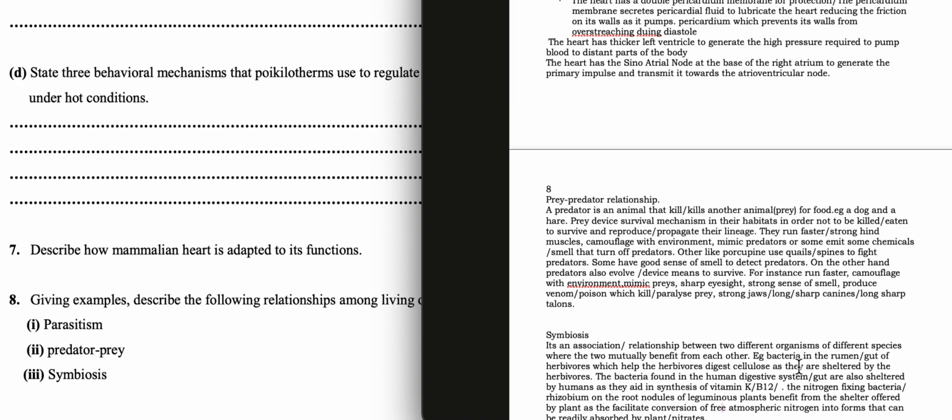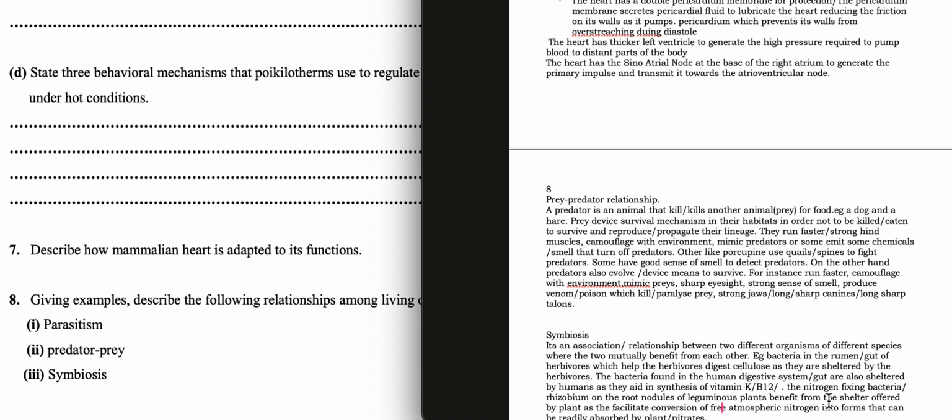For example, bacteria in the gut of the herbivores help the herbivores digest cellulose as they are chewed by the herbivores. The bacteria found in the human digestive system are also sheltered by humans as they aid in synthesis of vitamin K or B12.